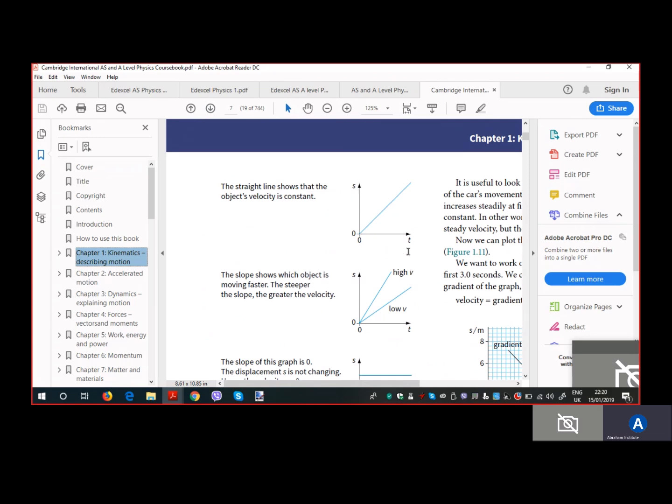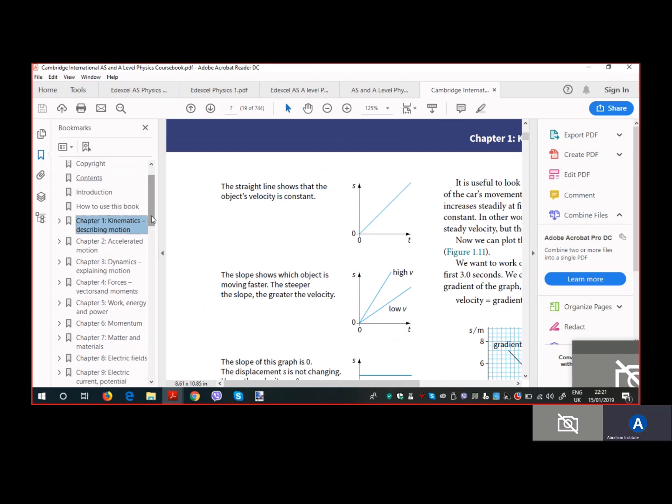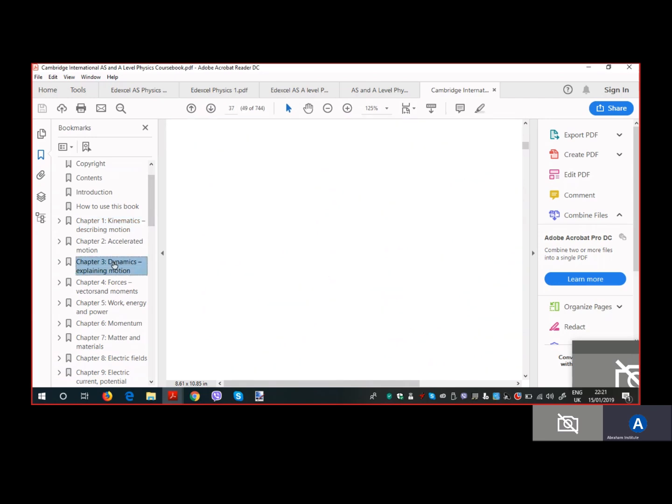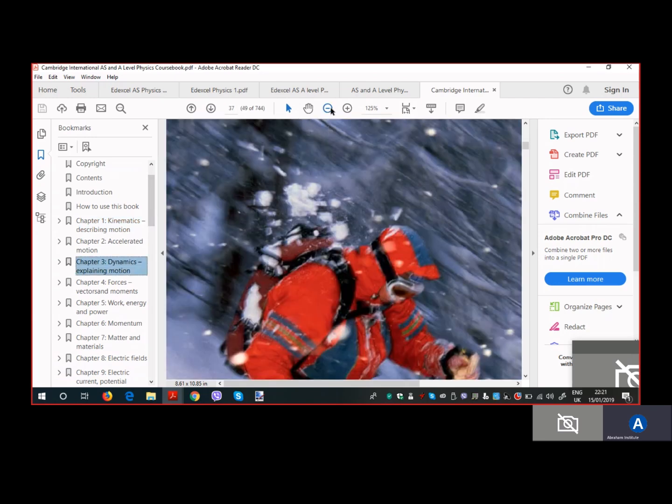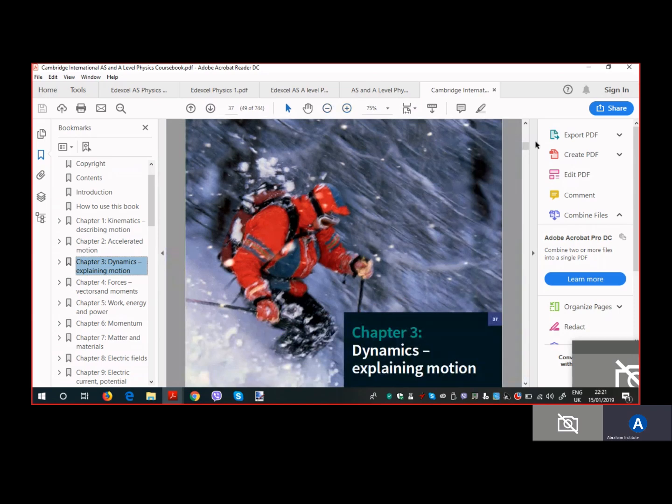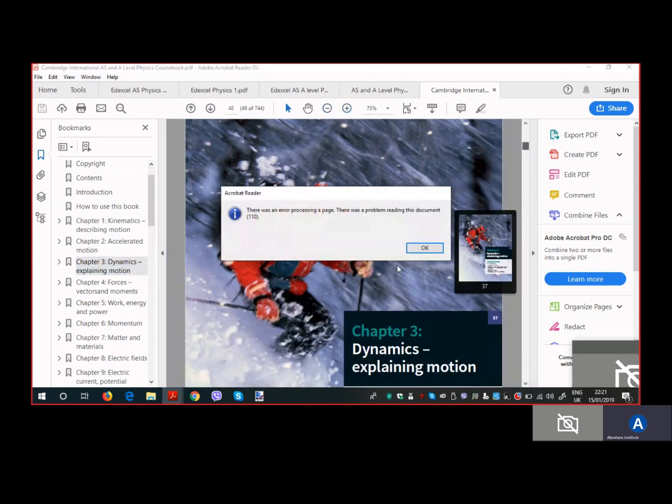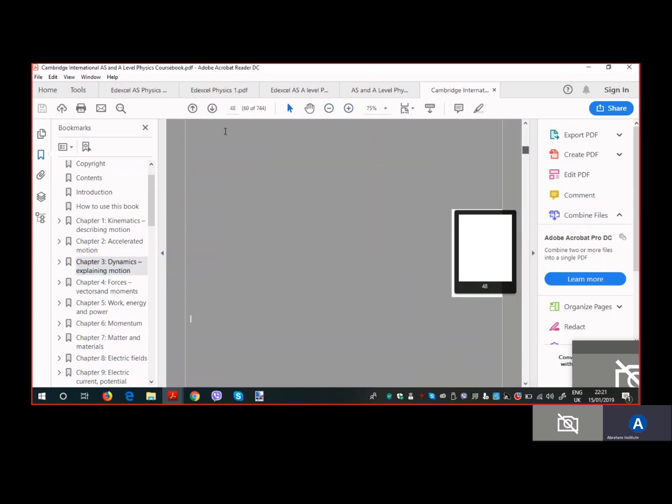So here we have a displacement time graph. Then sir, how to represent speed time graph? Speed time graph? That is here. Because that book doesn't have much detail like this.